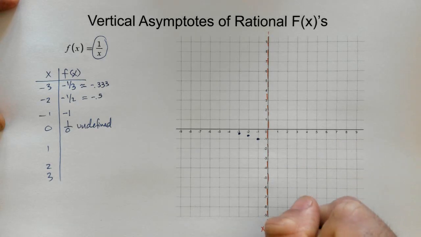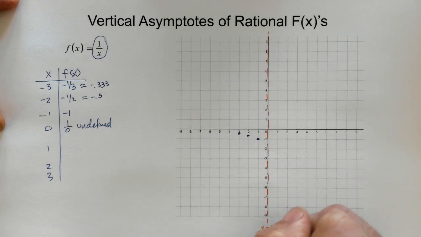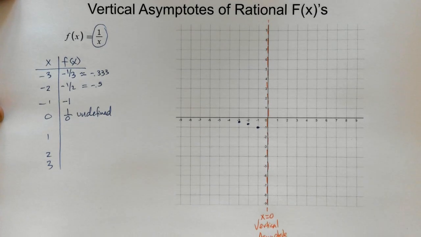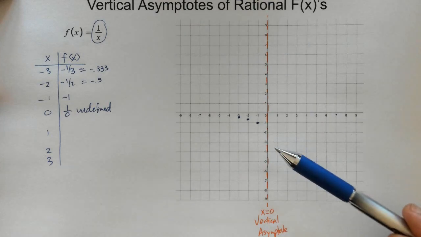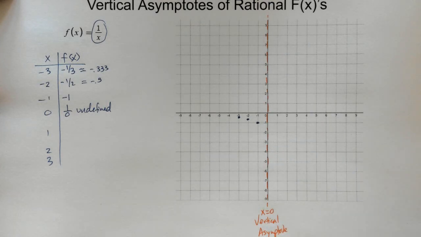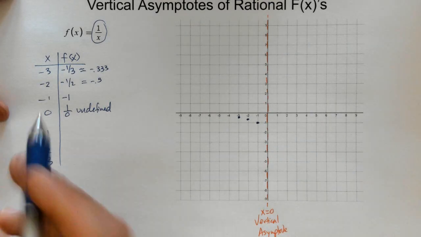So x equals 0 is our vertical asymptote. I'll explain what this word means in a little bit. All we know is that this part of the graph does not exist. It's ungraphable.